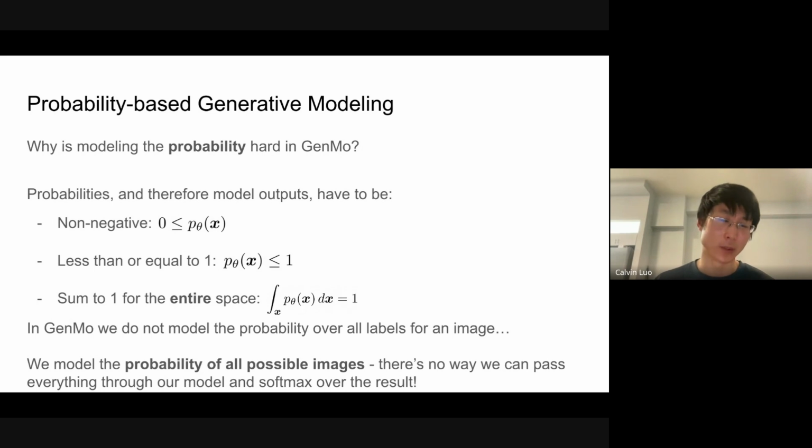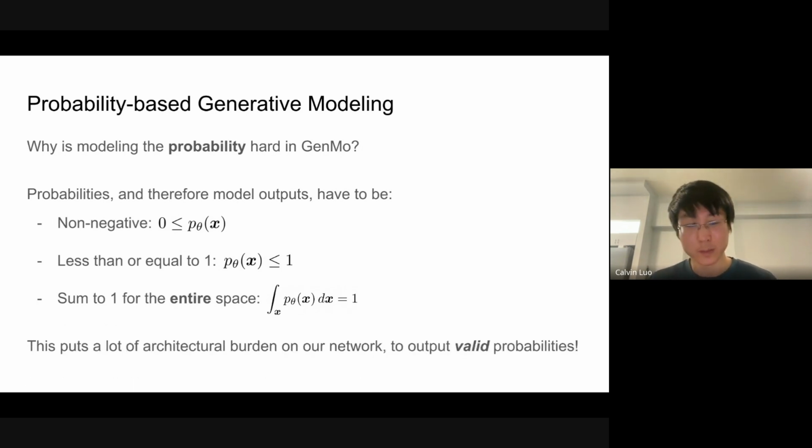But there's no way that we can pass everything through our model, compute all the logits, softmax over the result, and then optimize from that. It's intractable to do inference for all possible images. There are ways that we can try to do that, but it would place a lot of architectural burden on our network to force it to output valid probabilities.